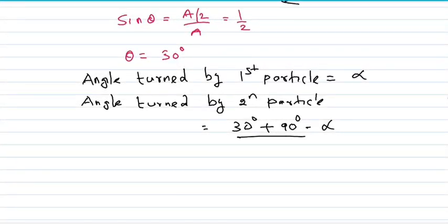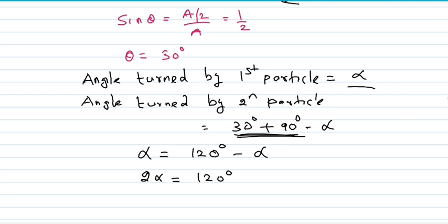Since these two angles are equal, alpha is equal to 30 plus 90, 120 degrees, minus alpha. So 2 alpha is equal to 120 degrees, alpha is equal to 60 degrees, which means pi by 3.